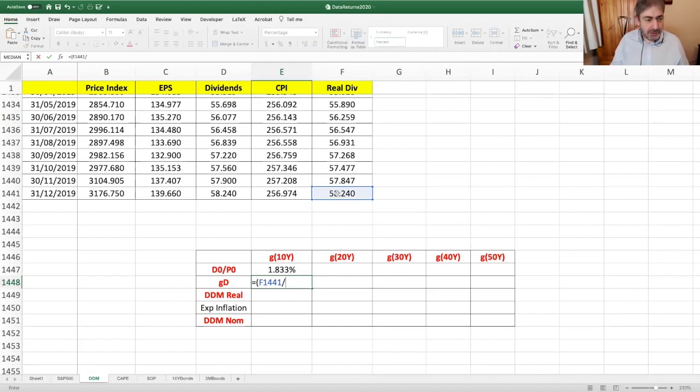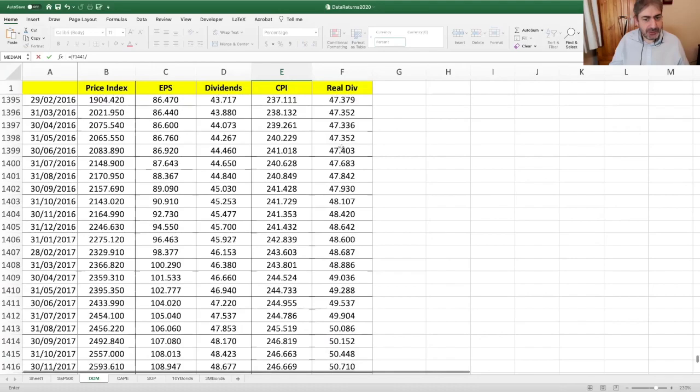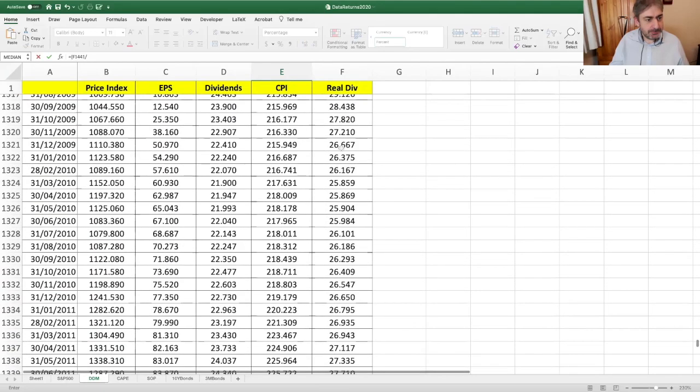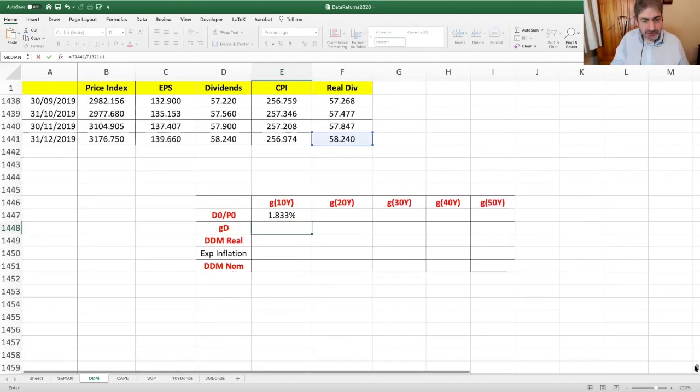Okay, so we're going to take minus 120. So it's going to be January 2010, I guess. Let me see if I'm correct. Minus 1. Sorry, I'm just going to type the formula and then I'm going to show it to you.